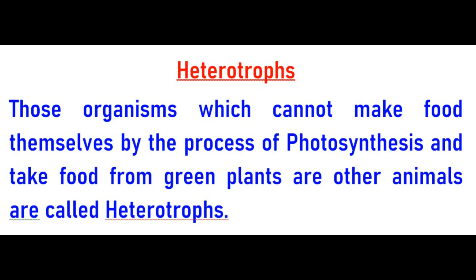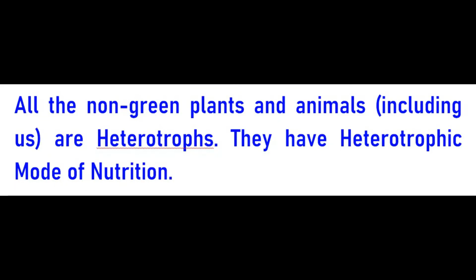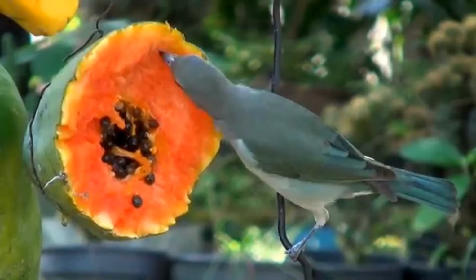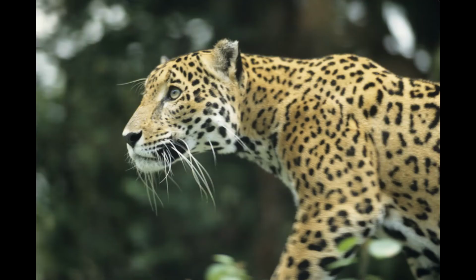Those organisms which cannot make food themselves by the process of photosynthesis and take food from green plants or other animals are called heterotrophs. Now, all the non-green plants and animals, including us, the human beings, are heterotrophs. They have heterotrophic mode of nutrition.